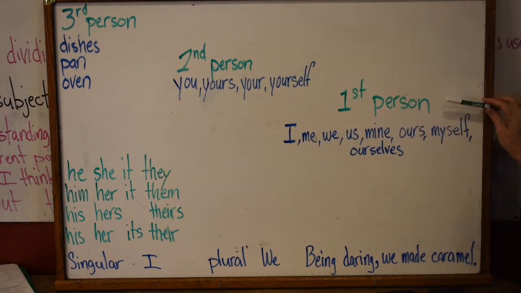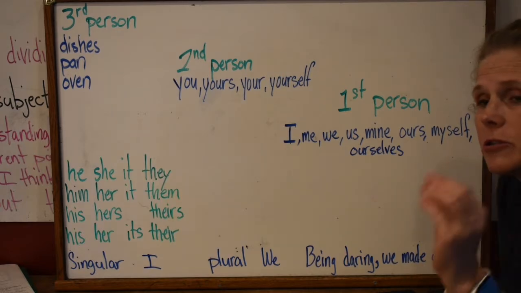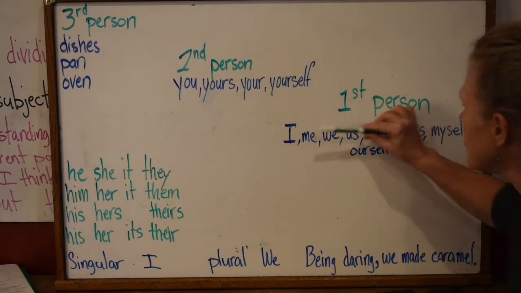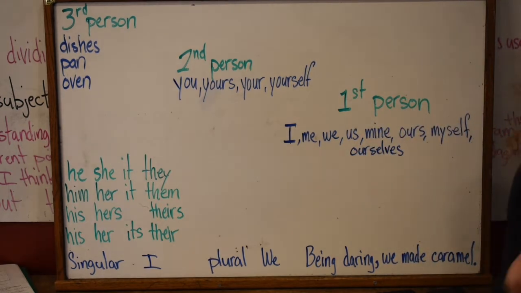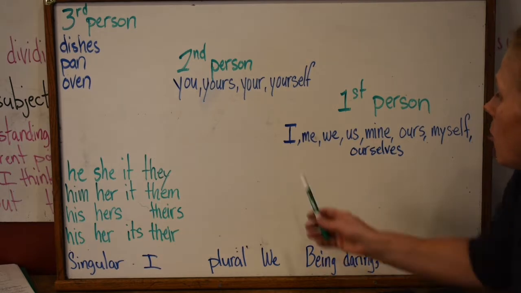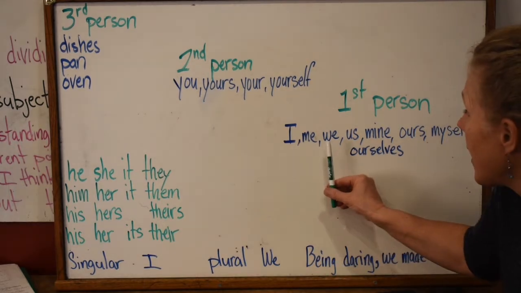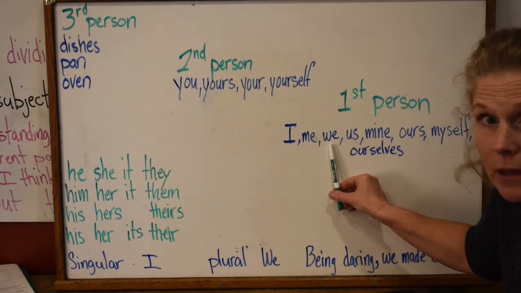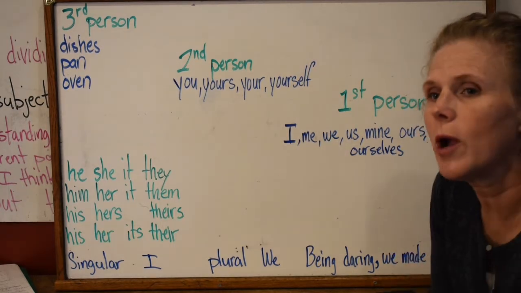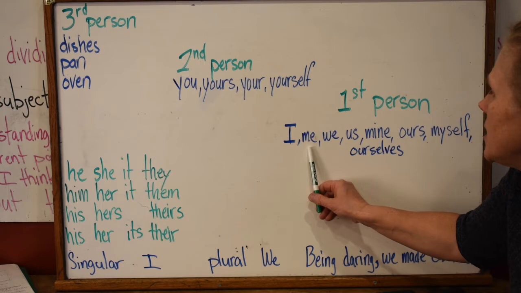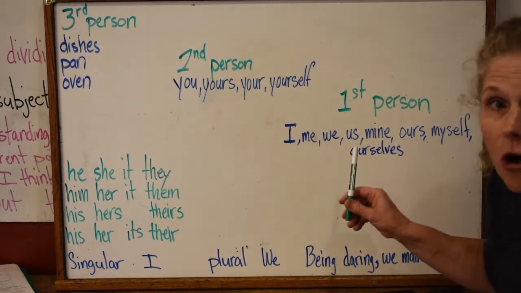Now we have first person. Daniel, you seeing this? Now this is where I want you to understand. These are pronouns that sit in first person. Now remember, when we say first person, we learned I and we. Those are your subjects, right? So if you're going to write in first person, you need to use the objects also.